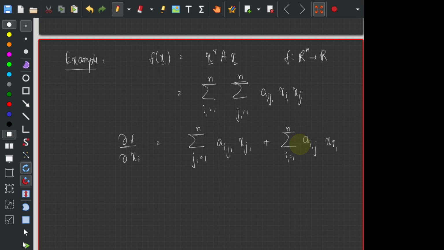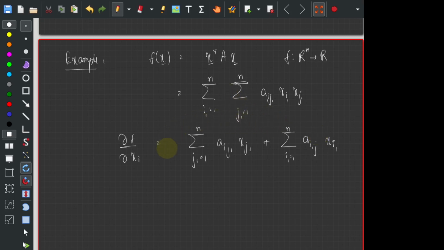The square term is being counted twice. Exactly. So this would be j1 equal to 1 to n, but j1 not equal to i, of this quantity, plus i1 equal to 1 to n, i1 not equal to i, of this quantity, plus 2 times xi times aii.